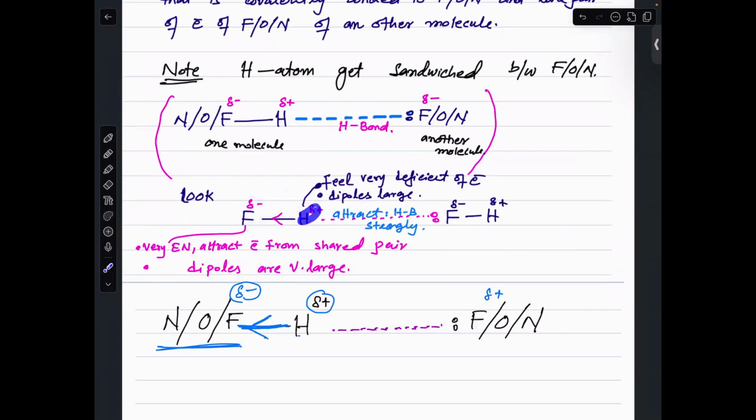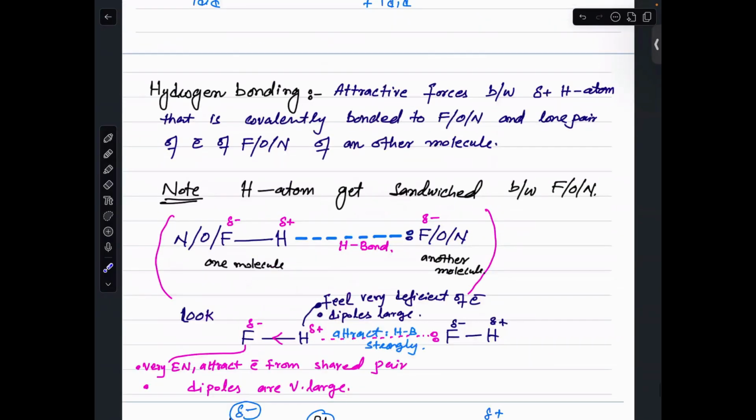This hydrogen feels very deficient of electrons, so it strongly attracts the electron pair of the F. This is called hydrogen bonding: the attractive forces between the partially positive hydrogen atom of one molecule that is covalently bonded to F, O, or N and the lone pair of F, O, or N of the other molecule.